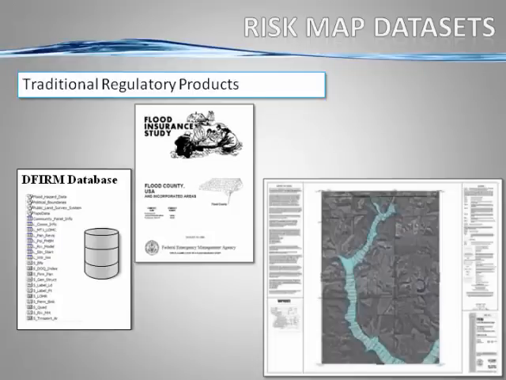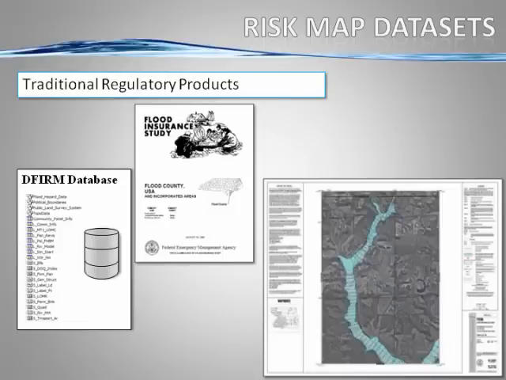So the traditional products associated with the National Flood Insurance Program and what FEMA provided to the towns were the DFIRM database as a result of the map modernization project. Every town gets a flood insurance study, and you get your flood insurance rate maps. What's happened recently, they've turned into digital flood insurance rate maps as a result of the map modernization project.